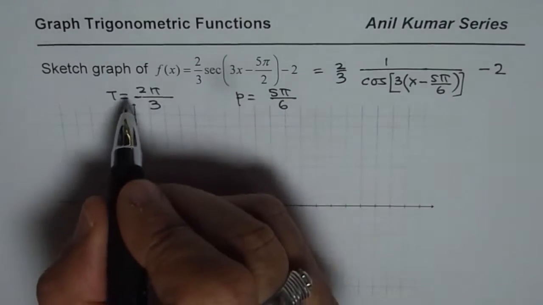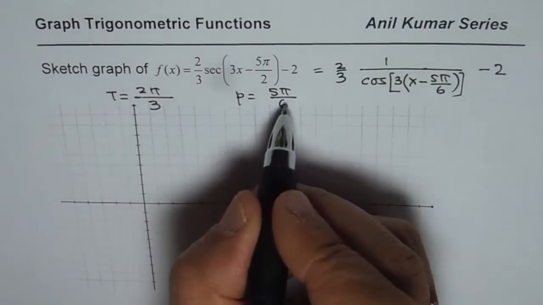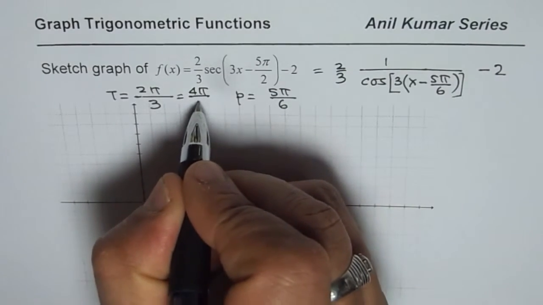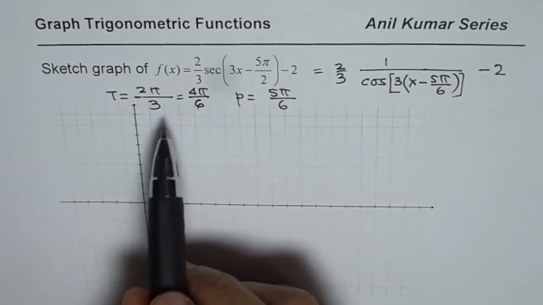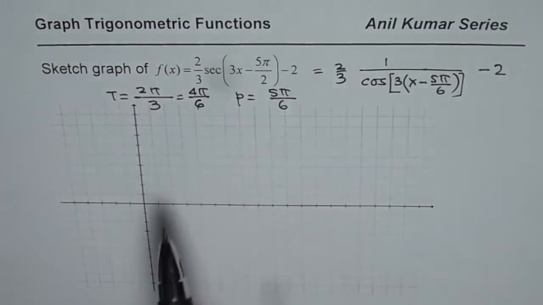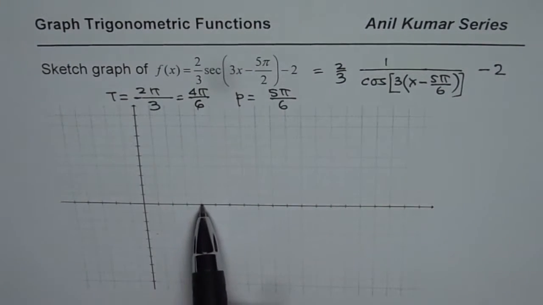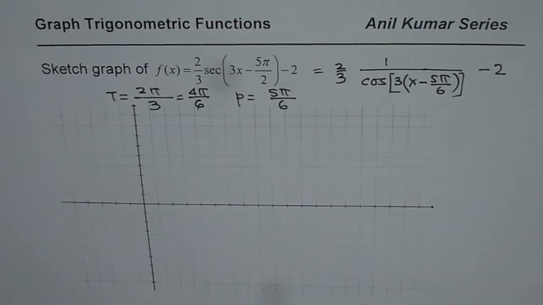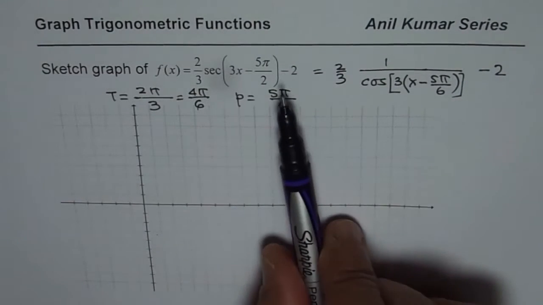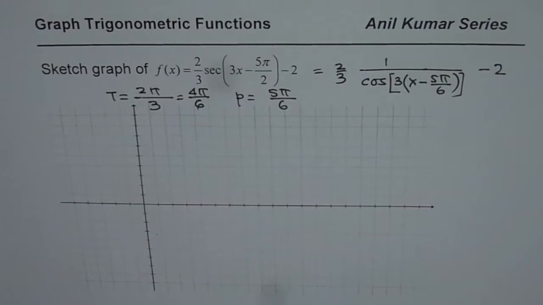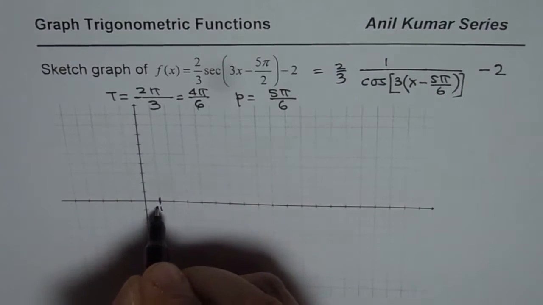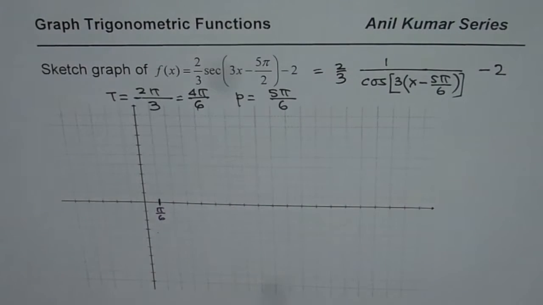I can think of 2 pi by 3, since the phase shift is in pi by 6, as equal to 4 pi by 6, right? That gives you an idea that after the first cycle, the time period really starts much later. Since we have pi by 6 as our basic unit, it's a good idea to take a scale which is pi by 6 units each horizontally.